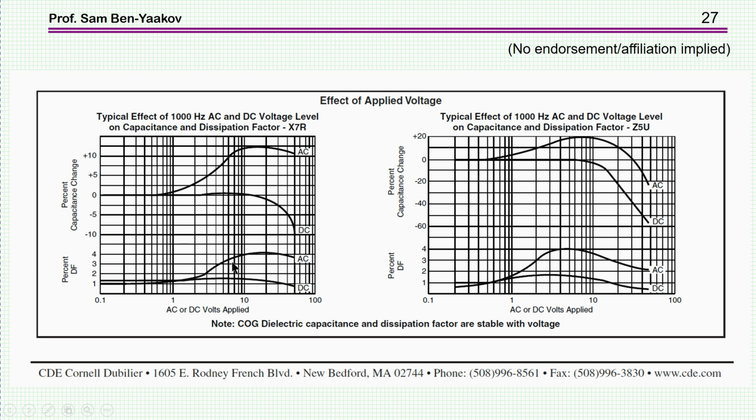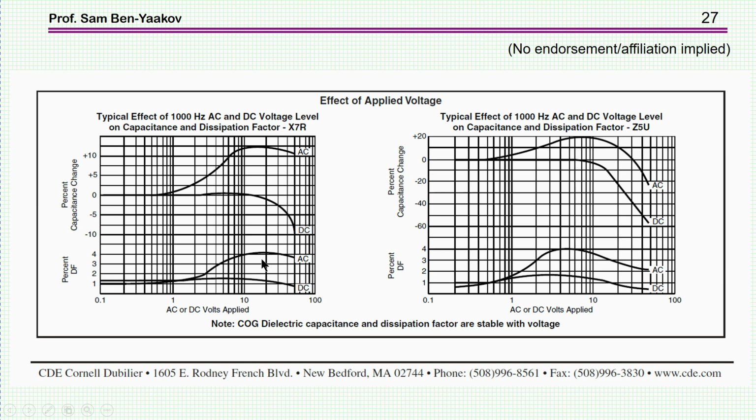Now, the same thing goes for the dissipation factor. It's also affected by the DC bias, and this is the amplitude of the AC, okay? And you see that the amplitude of the AC will change the dissipation factor quite a bit. I mean, we're talking about between, say, 1 to about 4, but it's quite a bit of a difference in this range of excitation.